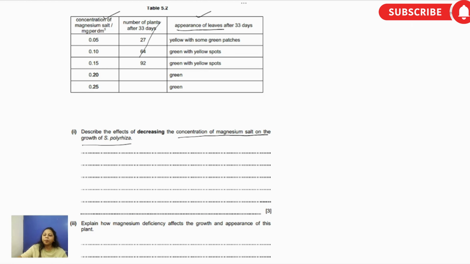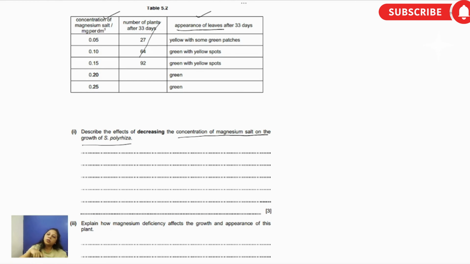When the concentration of magnesium salt is higher, the growth rate is also higher because the chlorophyll can now absorb the light. We can explain the trend that as the magnesium concentration increases, the growth rate also increases. We can also give values.